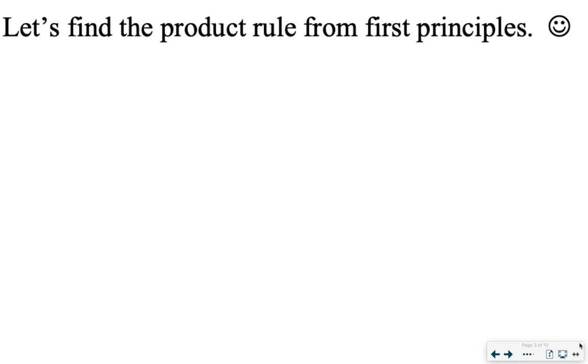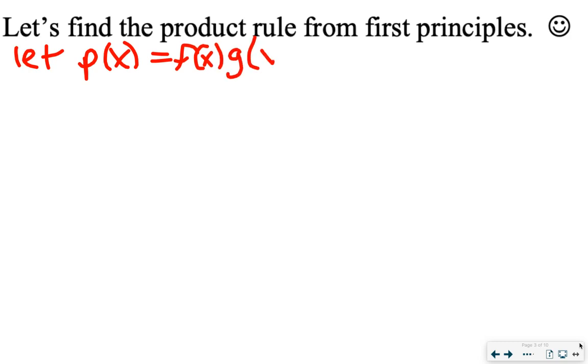So I have some function, let's say p of x, which is the product of f of x and g of x. So I've got my p of x, which is the product of two other functions.